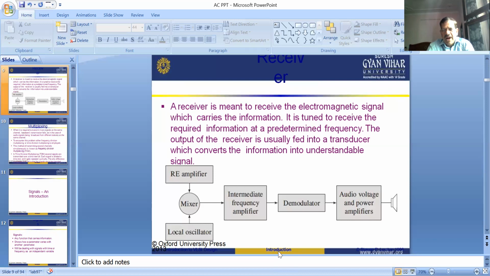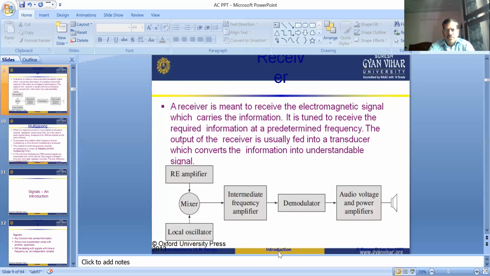The power amplifier receives the base signal and increases its strength, and finally we receive the original signal at the receiver. So this is the ending part, the receiver part, of the system.